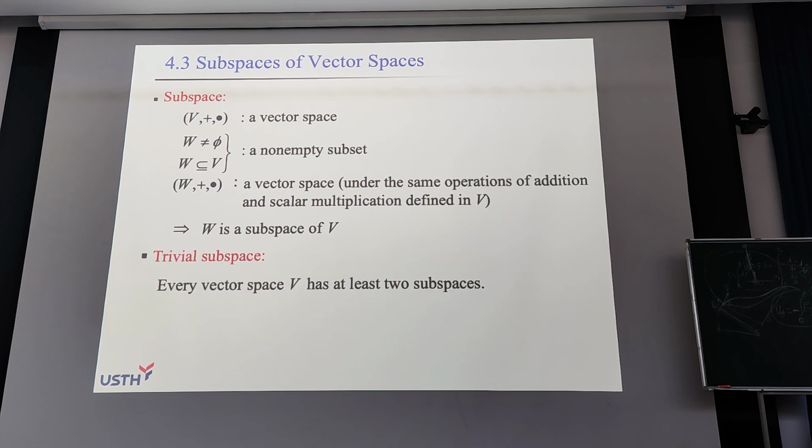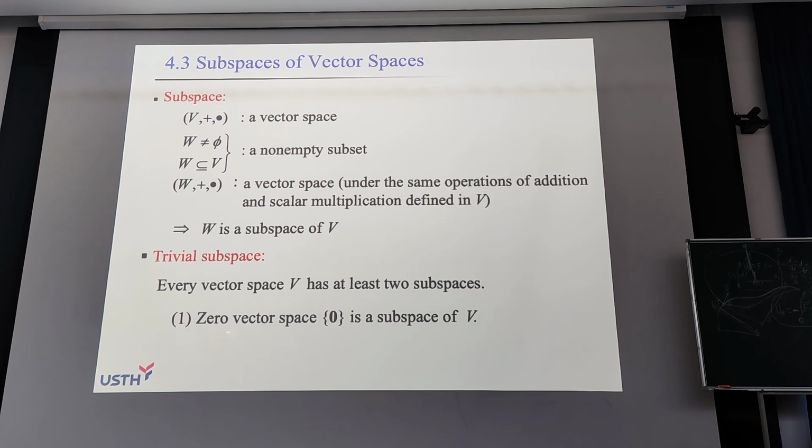First, I give you some very, very easy examples, and then I will give you some other examples. The first example is named the trivial subspace, không gian con tầm thường, cái rất dễ. It says that any vector space V always has at least two subspaces, the trivial subspaces.